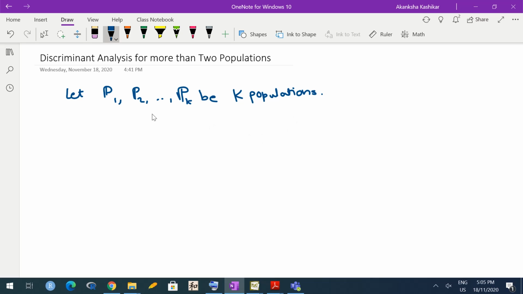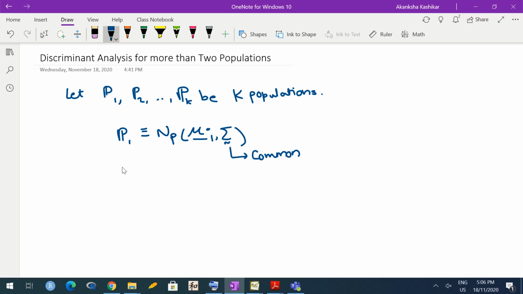Just like the earlier case, we would assume that each of these populations is multivariate normal. So population i is p-variate normal with mean vector mu i and variance covariance matrix sigma. Please note that we are again assuming sigma to be common for all the populations.